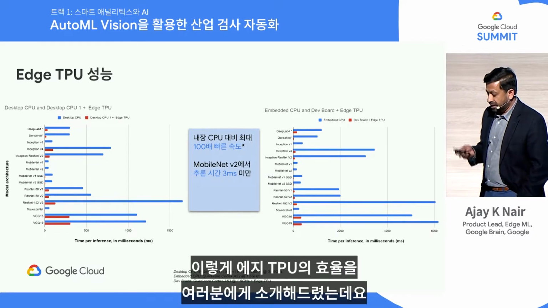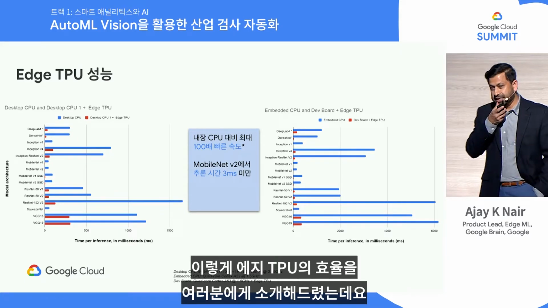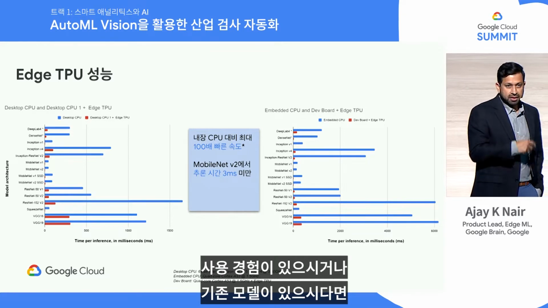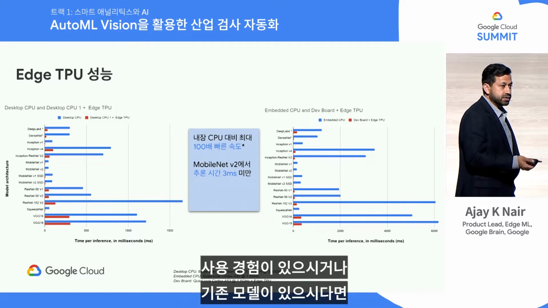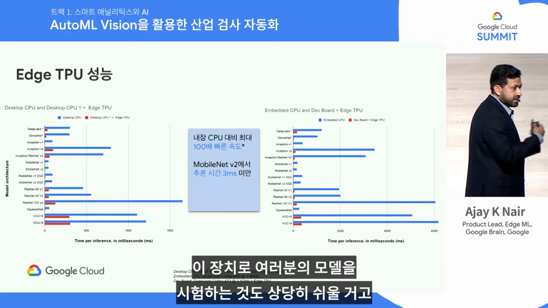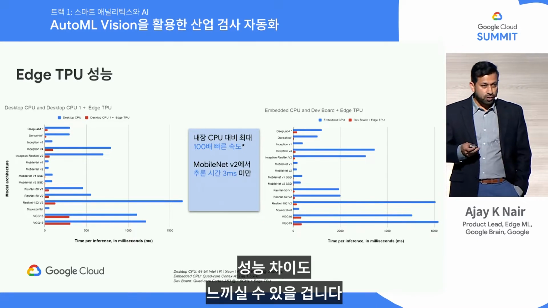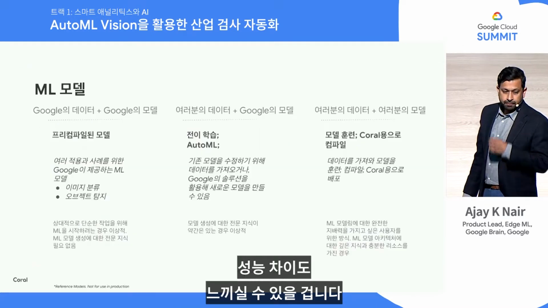So it gives you a chance to understand how efficient the edge TPU is. And if you have use cases and existing models, it's pretty easy to get one of these devices and test your models on these devices to understand what kind of performance you can see.